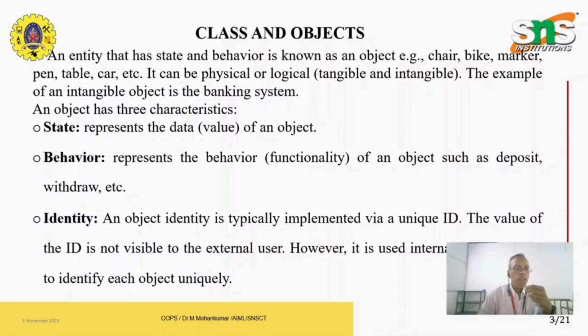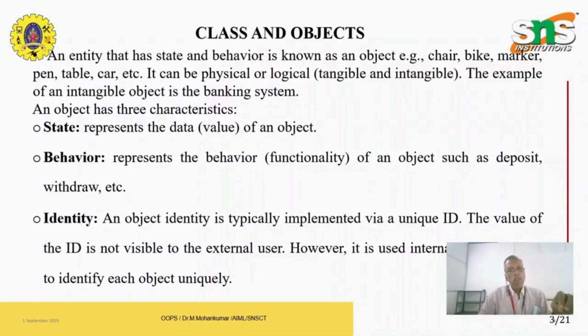Behavior represents the functionality of an object, such as deposit and withdrawal in a banking system. For a pencil, the functionality is writing, sketching or coloring. So a pencil has behavior.